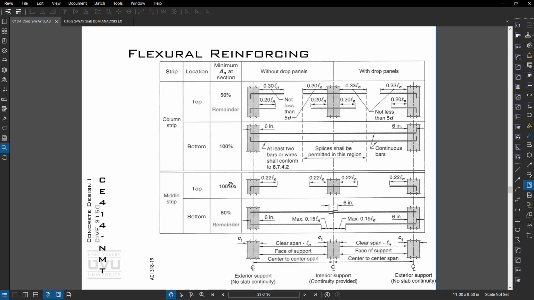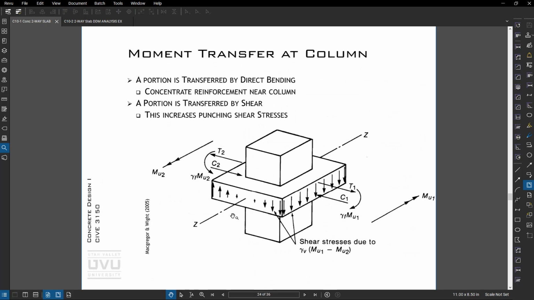Anyway, let's talk about something pretty important that gets to this punching shear failure. When we have moment transferring into a column from a slab, it happens in 2 ways. The first is pure bending, where you have a tension and compression couple that transfers those forces into the column.